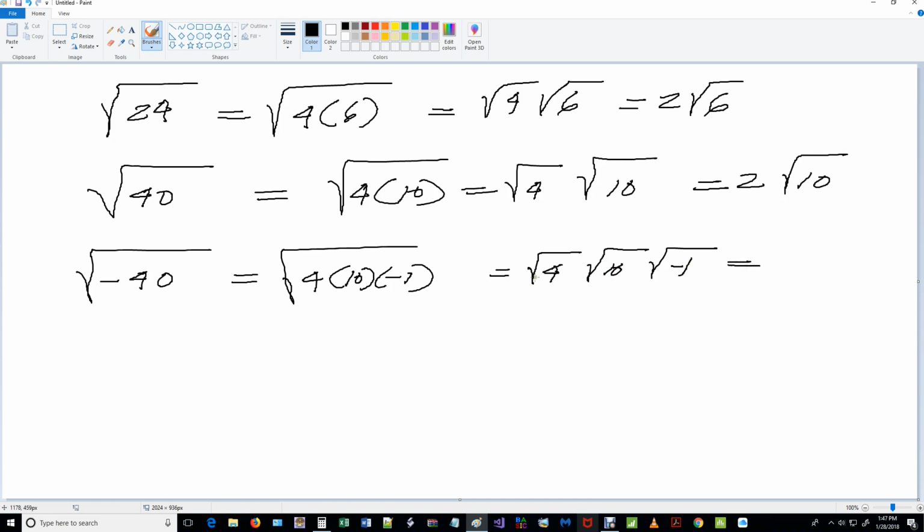And the square root of 4 is 2. The square root of 10, there's nothing you can do with that. And then the square root of minus 1 is i. So let me repeat that again. The square root of minus 40 is 2 times the square root of 10 times i.